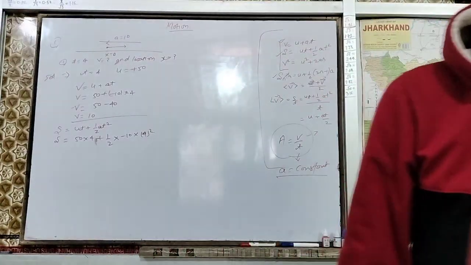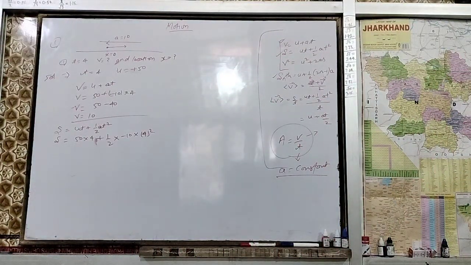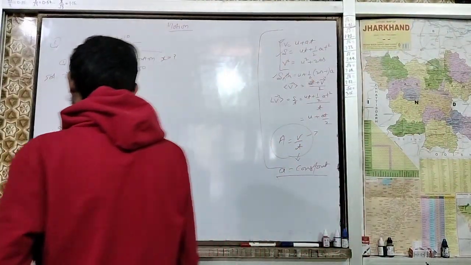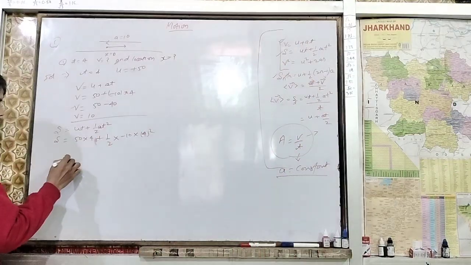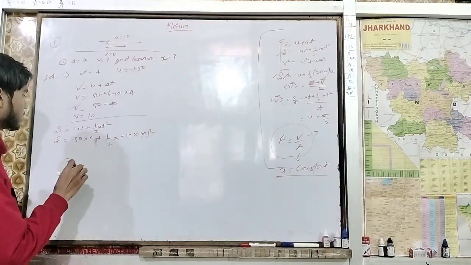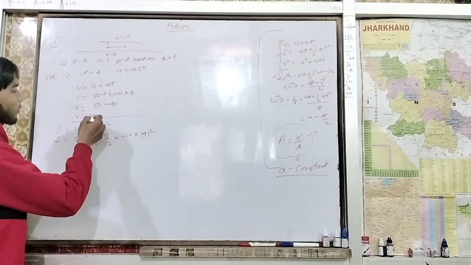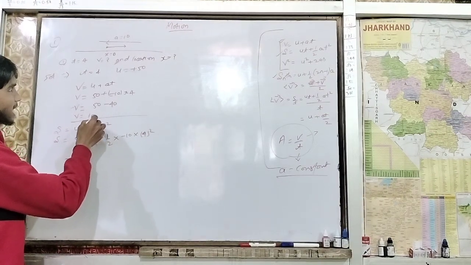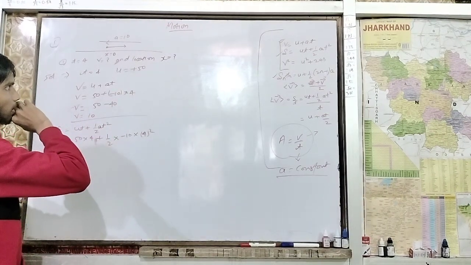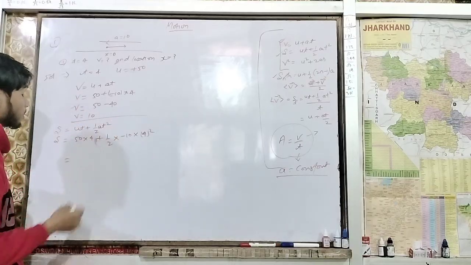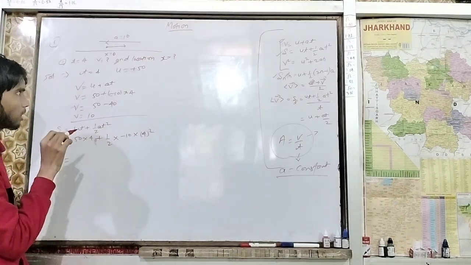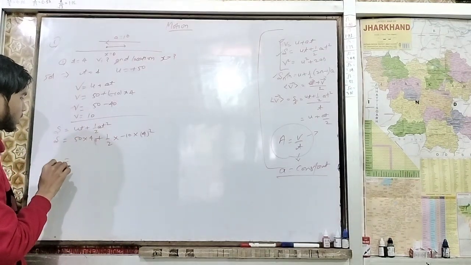We have substituted the values of all variables. Now let's simplify this and see what our displacement will be, where the final location of the particle is 10 and the initial location is 50. In that case, what would be our displacement?